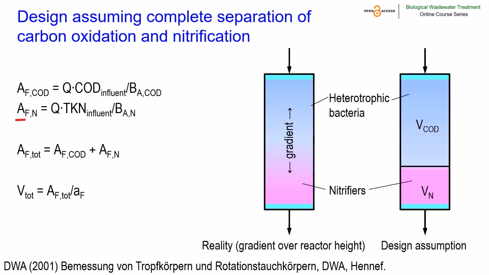The volume for nitrification is determined so that complete nitrification can be achieved in the lower volume. This is a conservative approach, neglecting interactions. The necessary surface areas and reactor volumes for BOD oxidation and nitrification are simply added together.